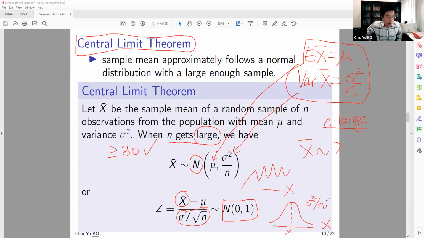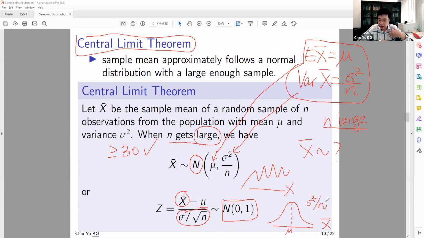So that is the key. Is that clear? What does that mean? Okay, I hope that is absolutely clear, because this is the most important theorem in this course. Hopefully you remember it in your mind.